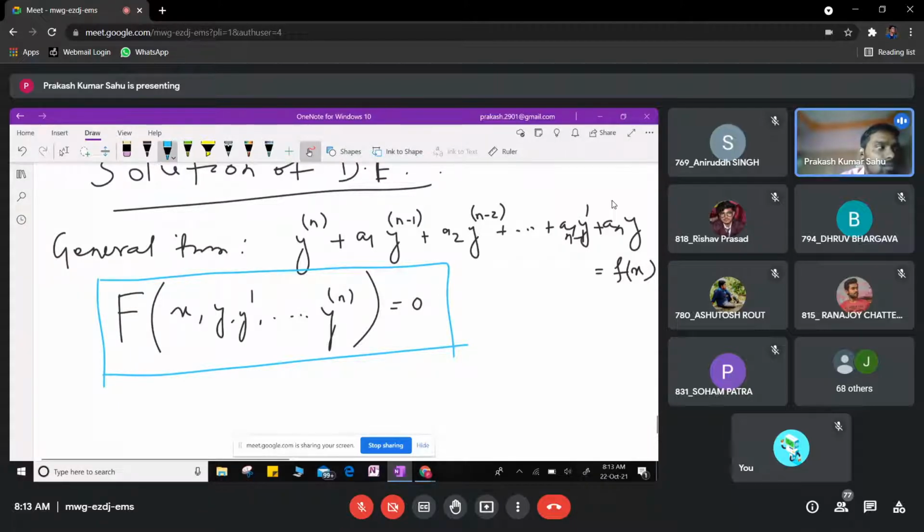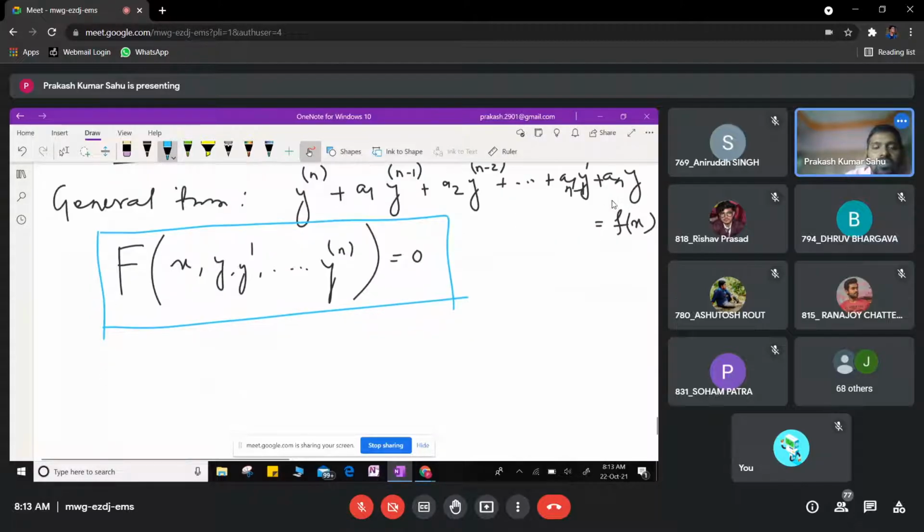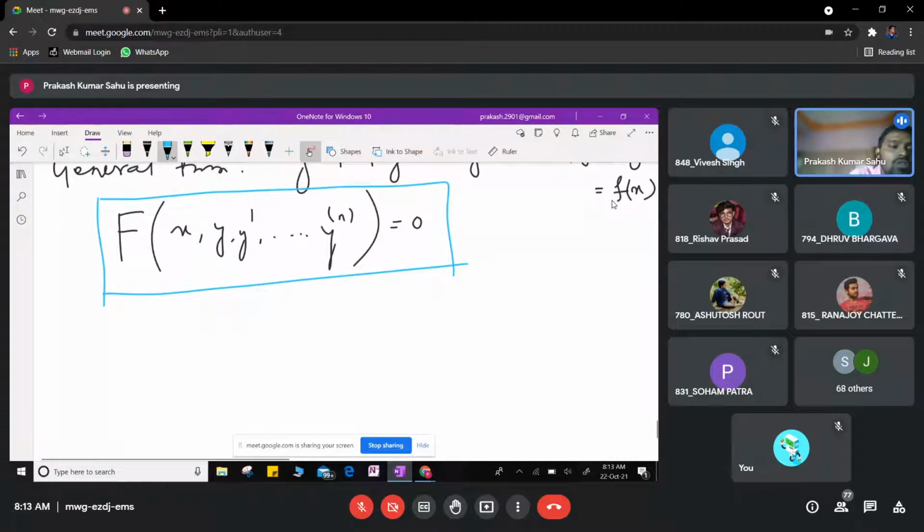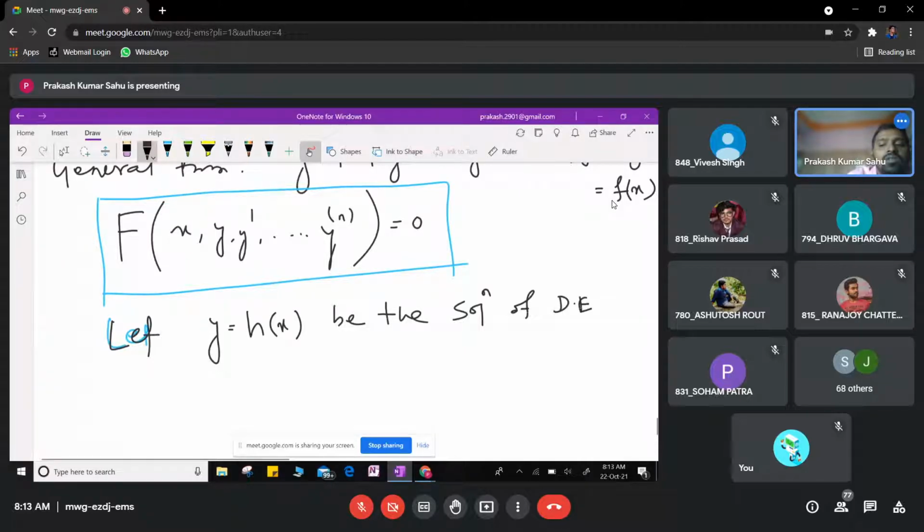Because in partial differential equations and in ordinary differential equations also, you can find this type of form. But when we talk about the solution, let y is equal to h(x) be the solution of the differential equation.